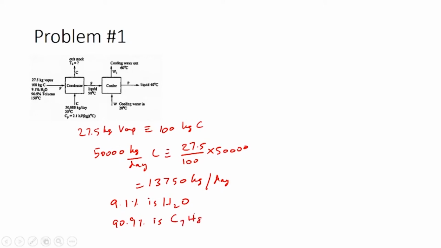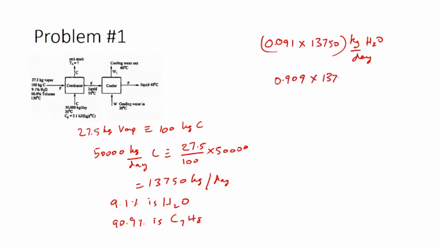Now we need to calculate the mass of water and toluene which is coming in, so that we will know the mass of water and toluene which is leaving through the F stream here. So, mass of water would be 0.091 times 13,750 kilograms per day. This is the mass of water entering the system, and mass of toluene entering the system would be 0.909 times 13,750 kilograms of toluene per day.